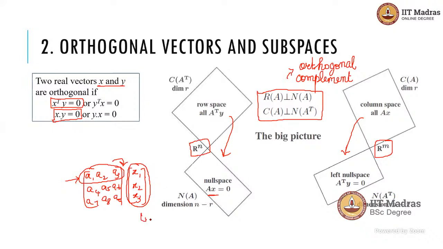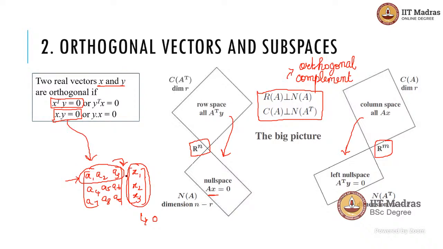For the null space, their product is equal to 0. So when two vectors are orthogonal to each other, we say that their dot product is equal to 0. Can you relate it from this property?